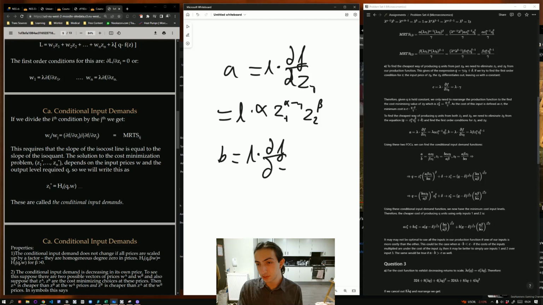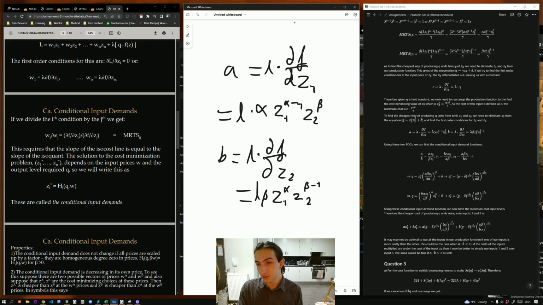And then for B, we have this expression, which is going to be equal to lambda beta z1 alpha z2 beta minus 1. So that's going to be the case there. Now, the point of using the FOCs is that we divide these two.